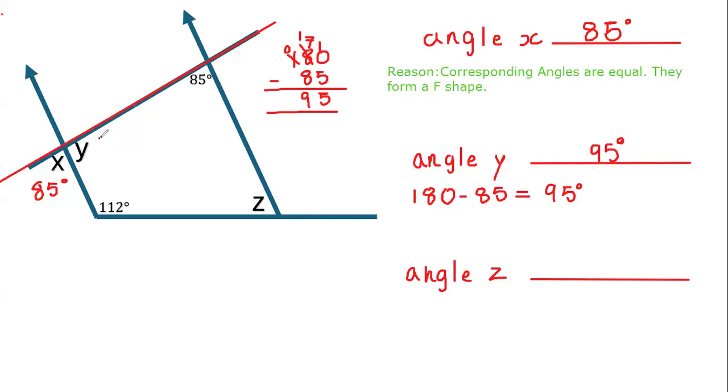By the way, class, what is the reason that y is 95 degrees? What's the reason? Angles on a straight line add to 180.